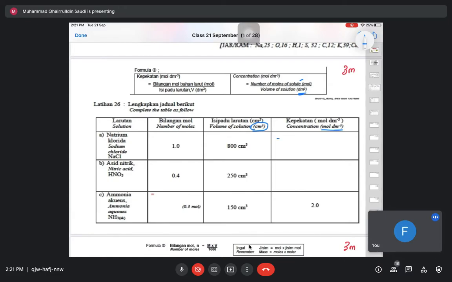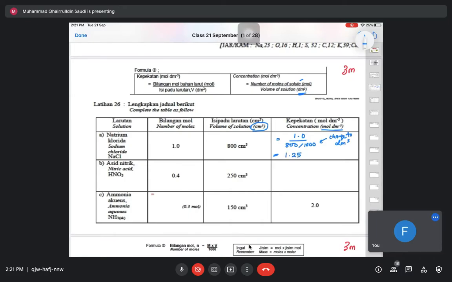So the answer will be 1.0 divided by 800 divided by 1000, because we want to change to decimeter cube. And the answer will be 1.25.